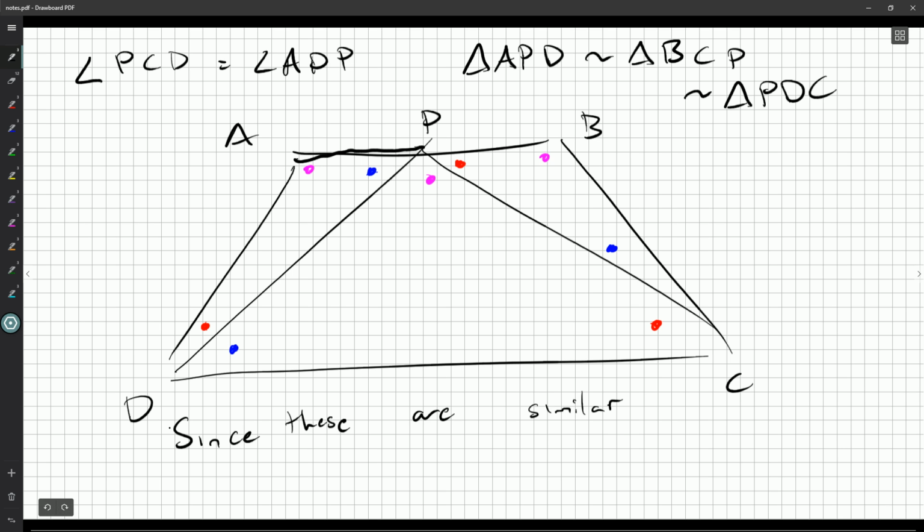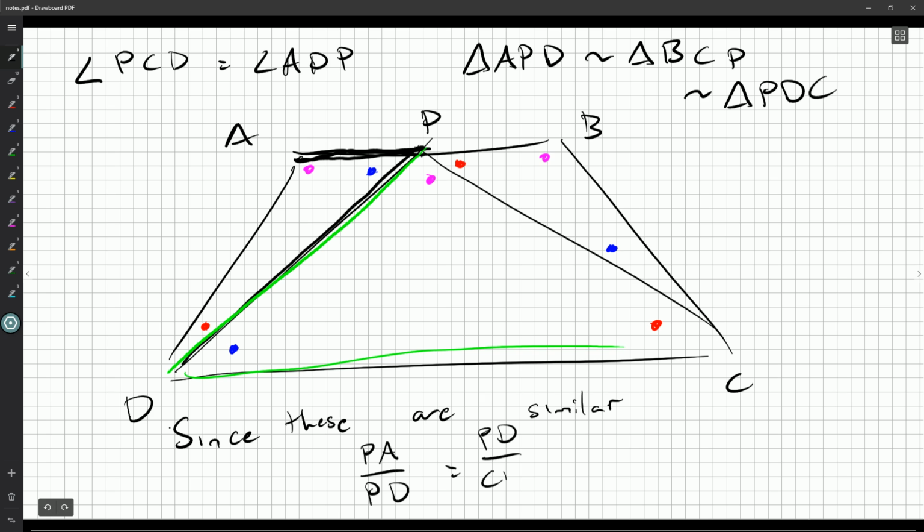So we'd like to use these. I guess they had P first in theirs, didn't they? So PA is to PD, pink blue is to blue red, as pink blue is to blue red, CD.